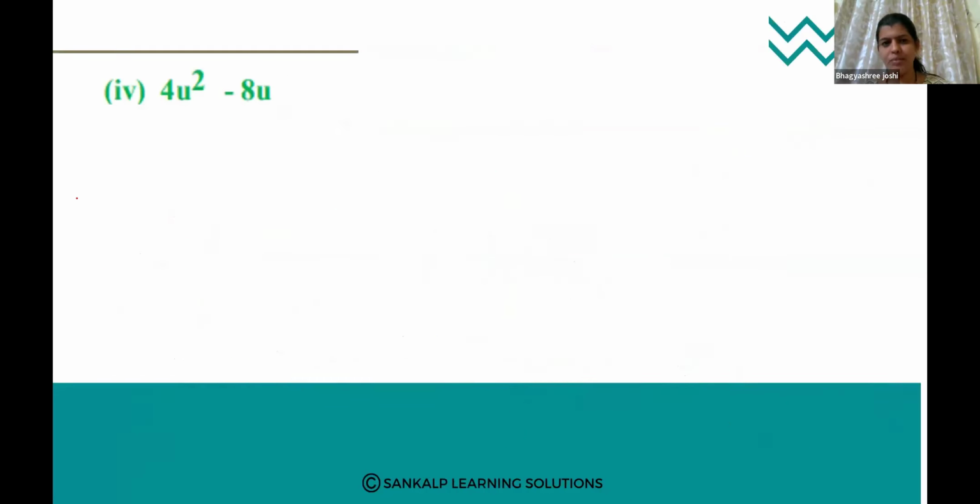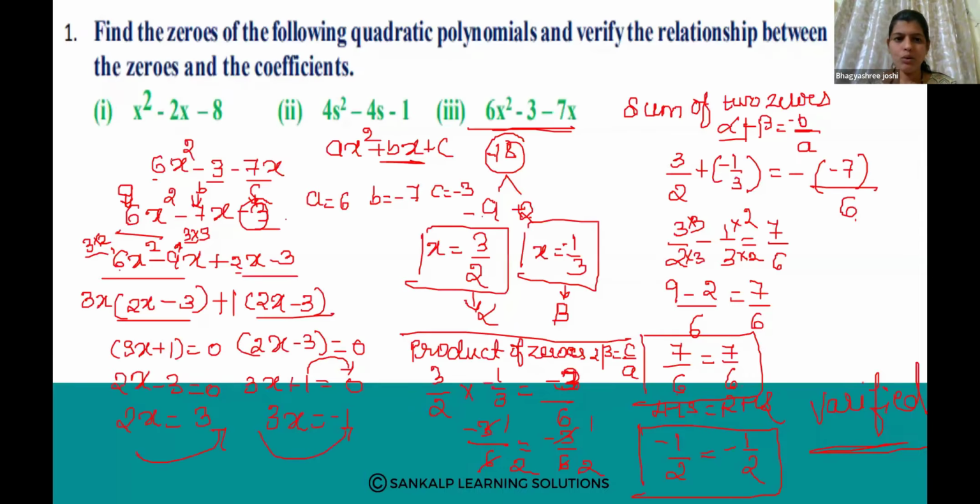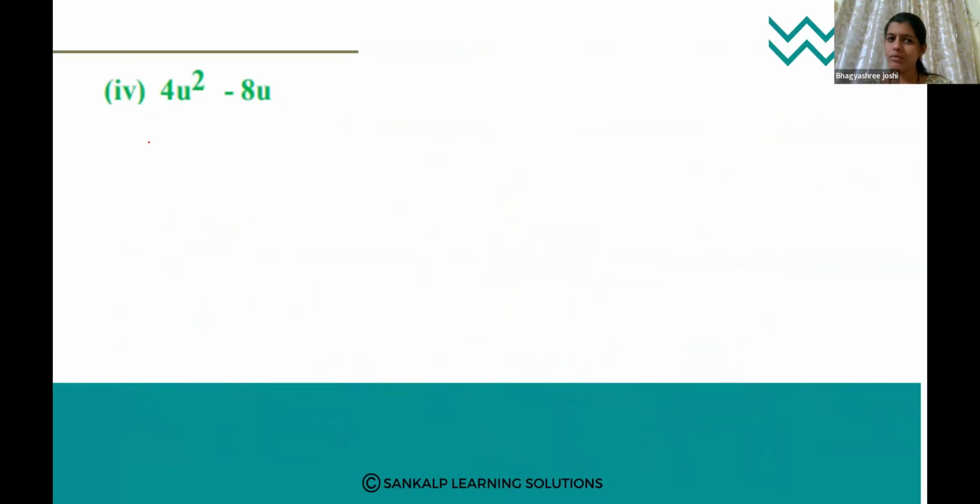So the next problem is also from the exercise. I have taken all the problems from your exercise, so note this down. The problem is 4u square minus 8u, right? Yes, dear students, this is also a quadratic polynomial. Why?